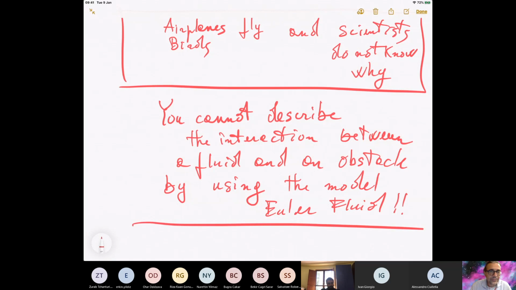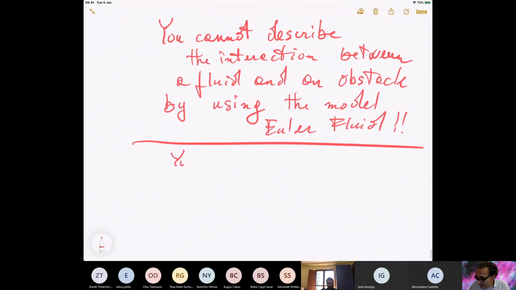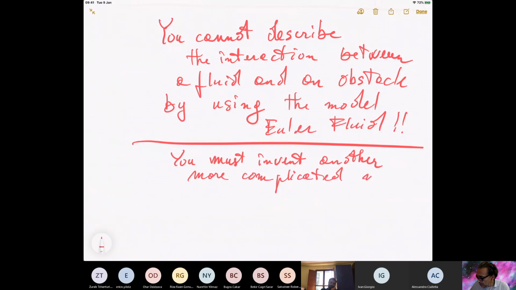That's it. You must invent another, more complicated model.